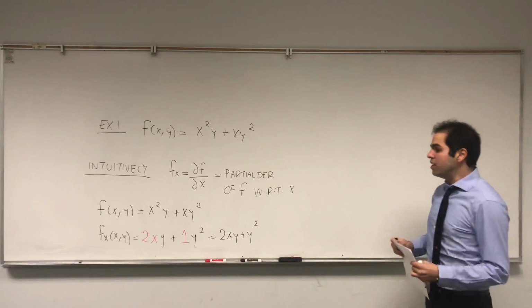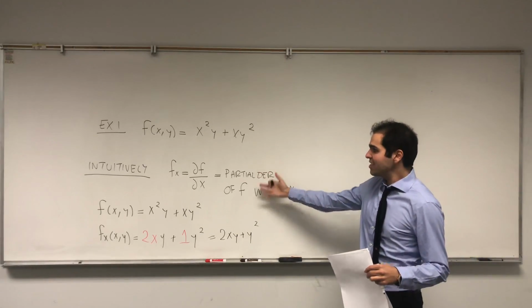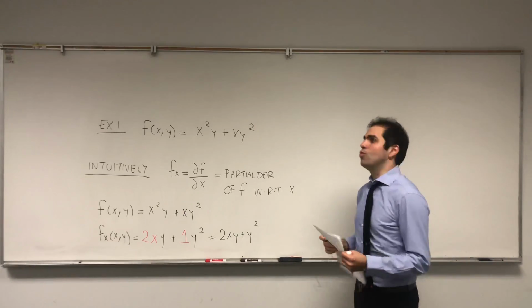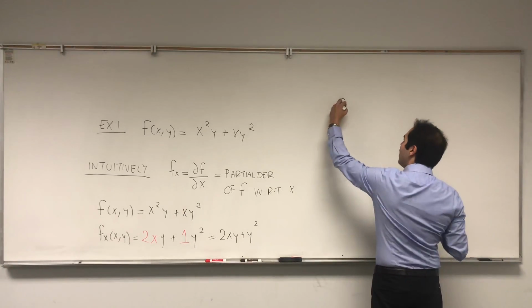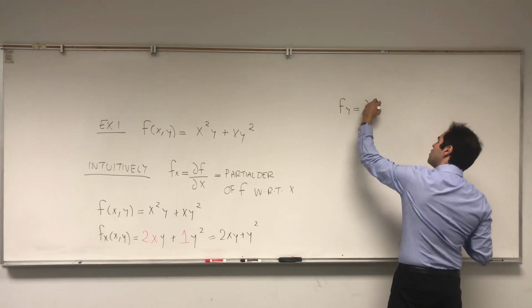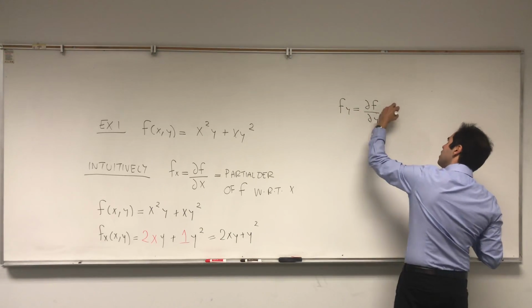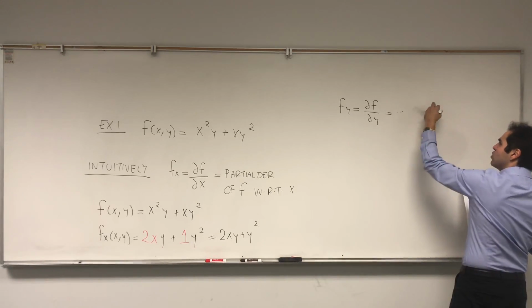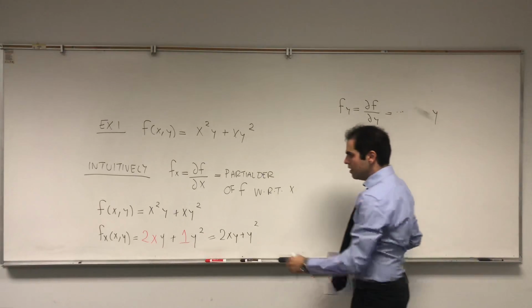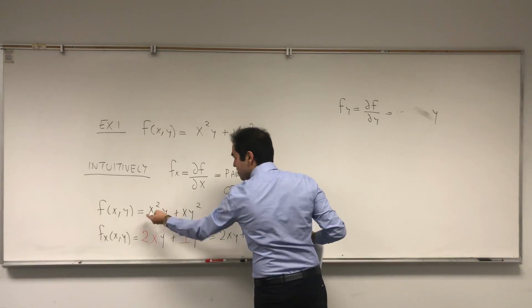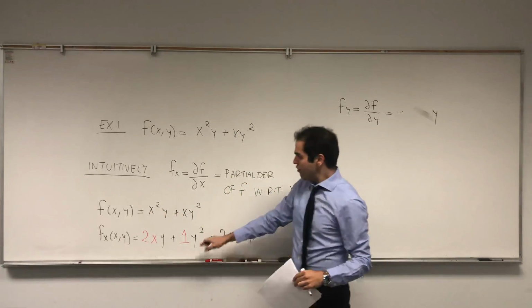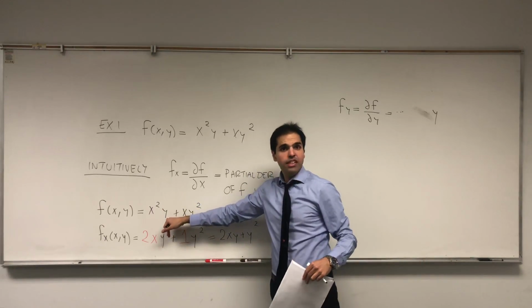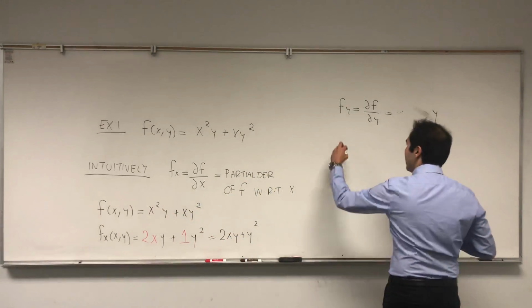Well, that is the derivative of f with respect to x, but of course you can do the same thing with respect to y. So f_y, again, that's partial f over partial y. What this is, it's the partial derivative of f with respect to y. So in that case, you still take f, but now you let x be constant and you differentiate with respect to y.